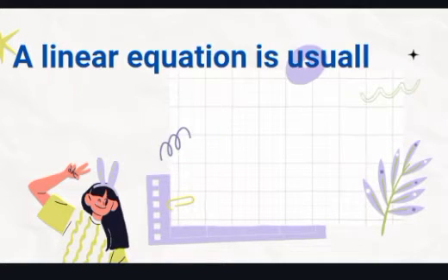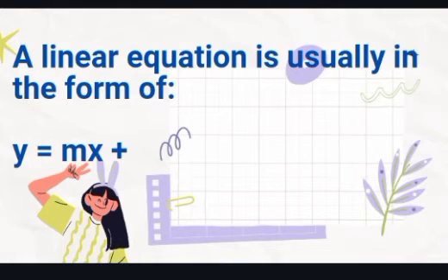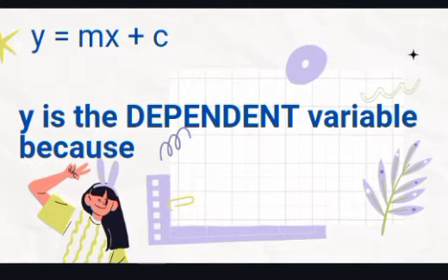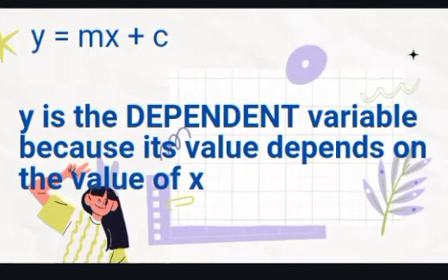So basically, a linear equation is usually in the form y equal to mx plus c. Y equal to mx plus c. Now, in a linear equation, y equal to mx plus c, the variable y is regarded as the dependent variable.